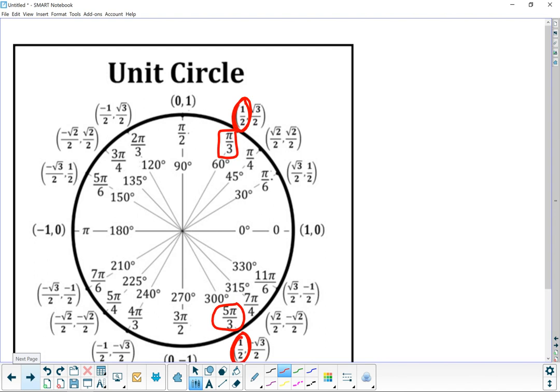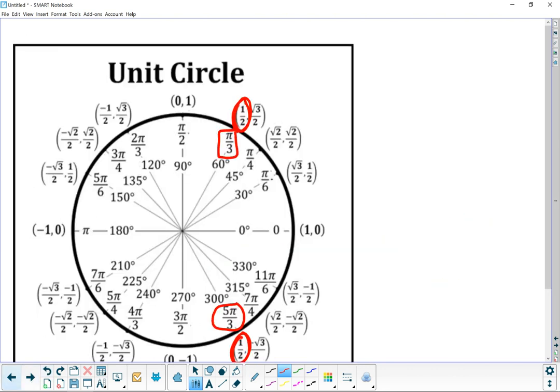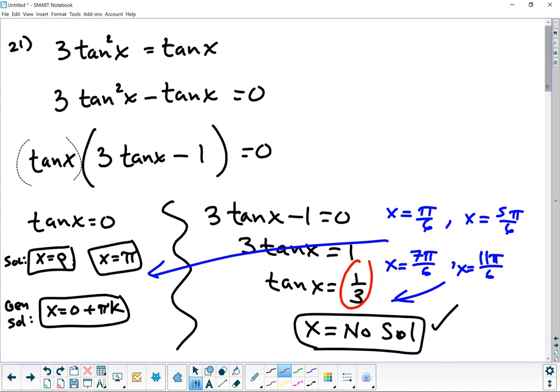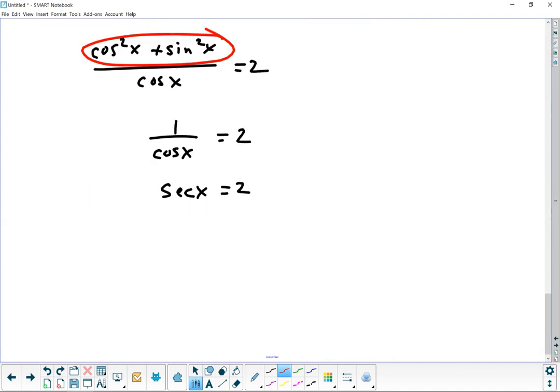And if I'm doing general solution, these are not across from each other, so I cannot use a plus pi k. I have to use a plus 2 pi k. So, for that one, answer is x equals pi over 3 and x equals 5 pi over 3.